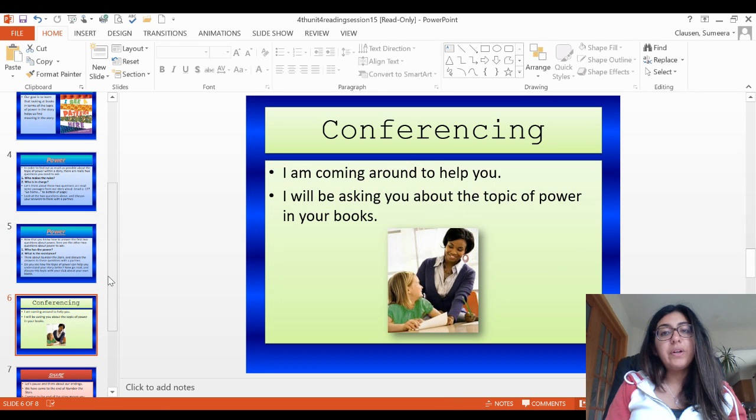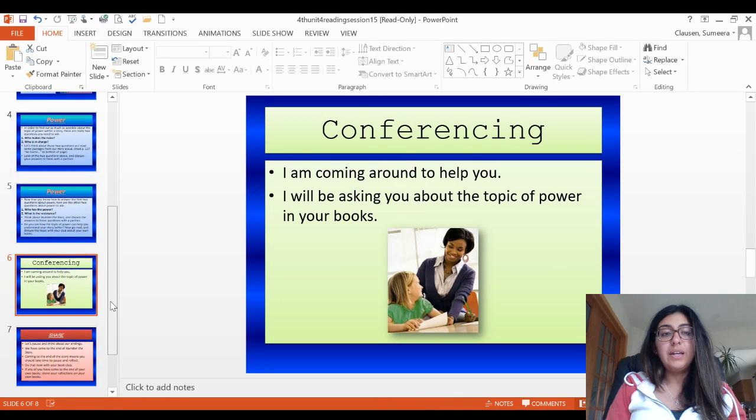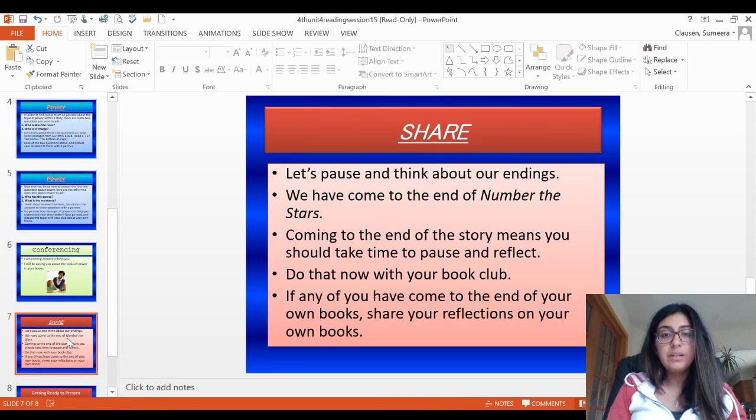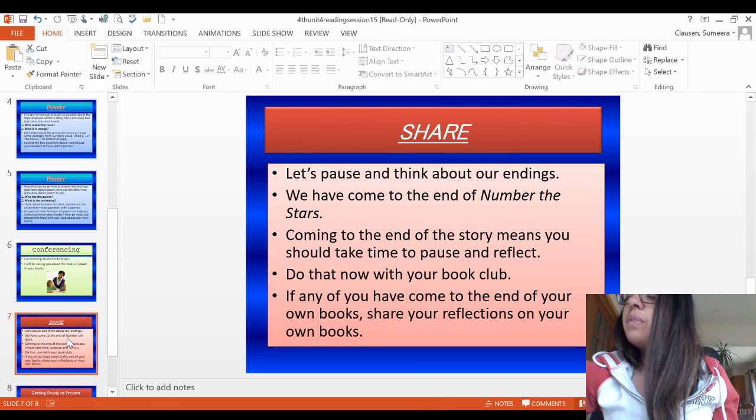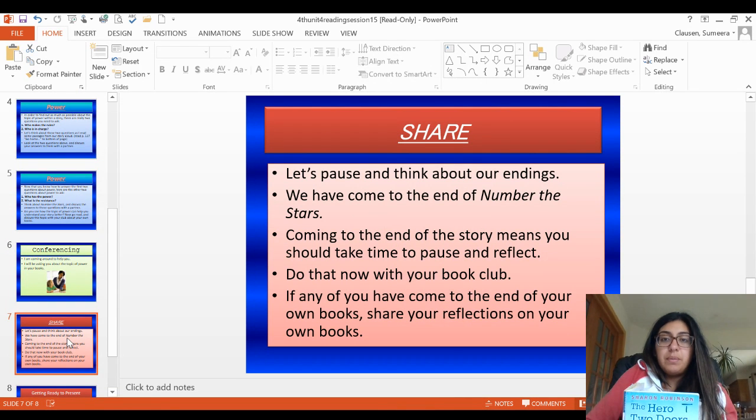So you'll be exploring the topic of power when you're reading in your historical fiction books. One of my book clubs is reading the book, The Hero Two Doors Down. In this book, it's all about Jackie Robinson. And in this historical fiction book, the main character, Stevie, meets Jackie Robinson and he moves into his neighborhood.